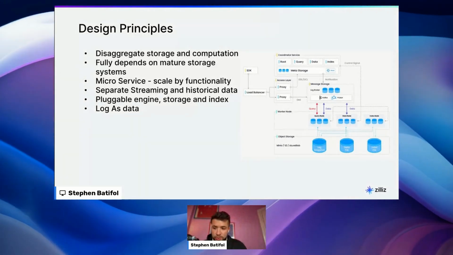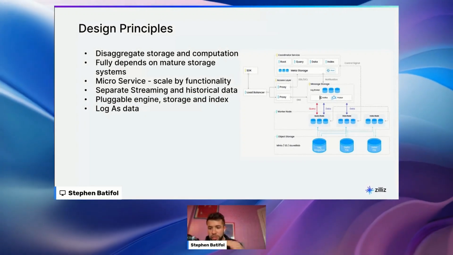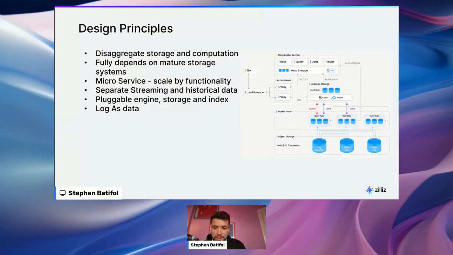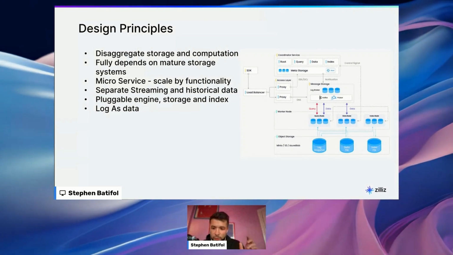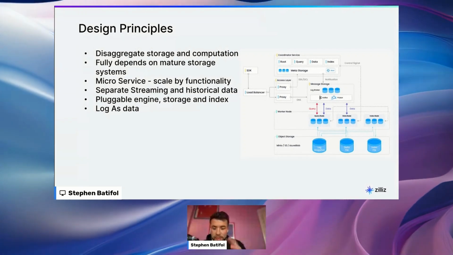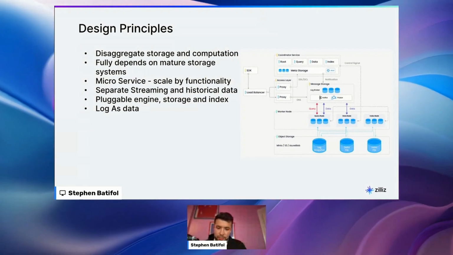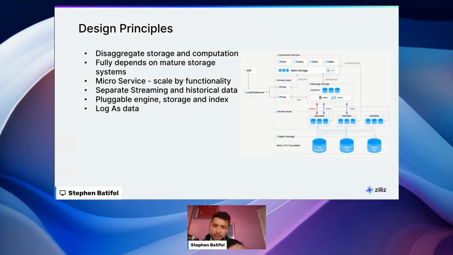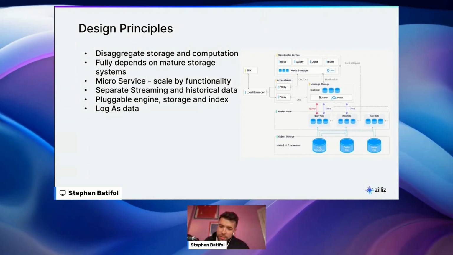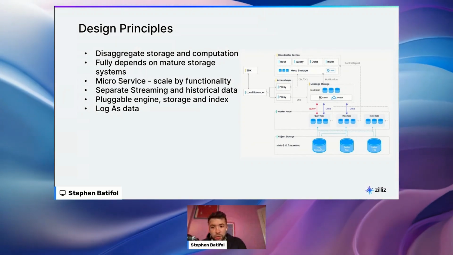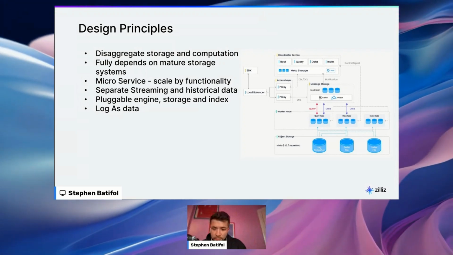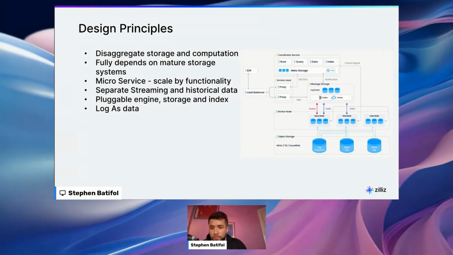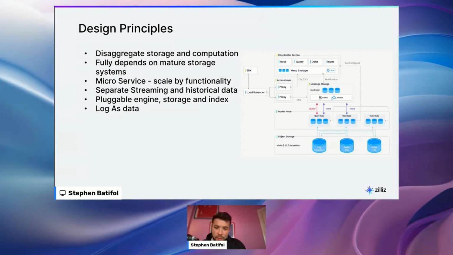We also have microservices, so you can scale by functionality. On this graph, you see the query node, the data node, and the index node. Those are independent of each other, and you can scale them up and down depending on your use case and your needs. Let's say you have a lot of data to process, like, I don't know, a Spark job is coming.